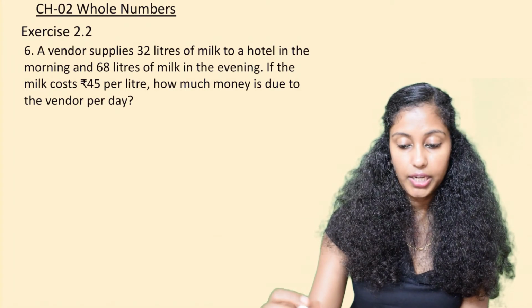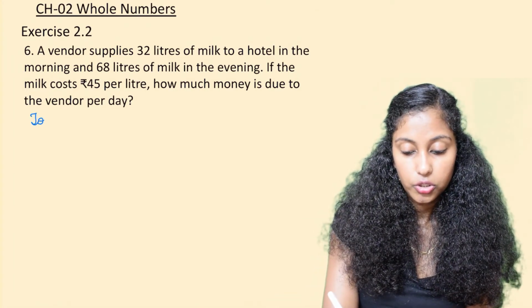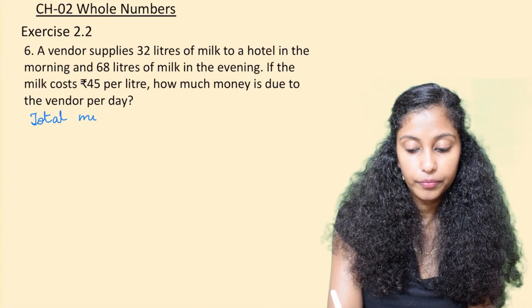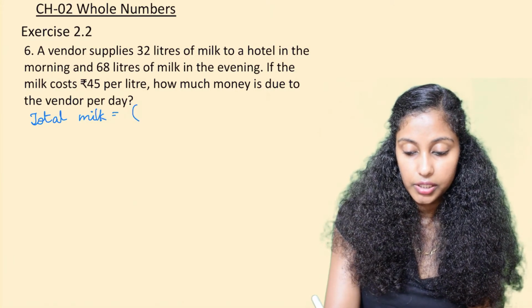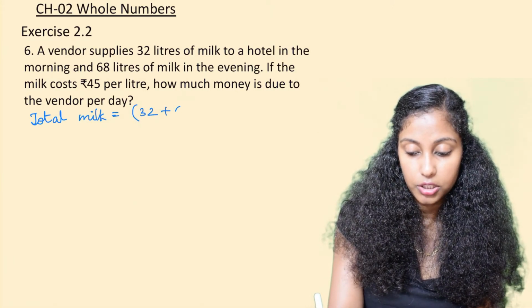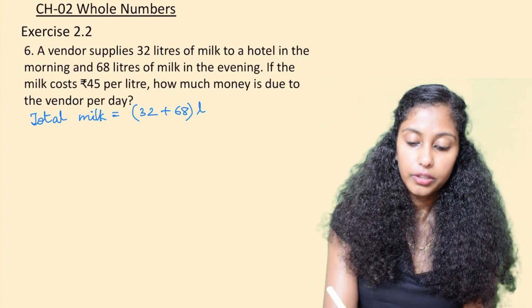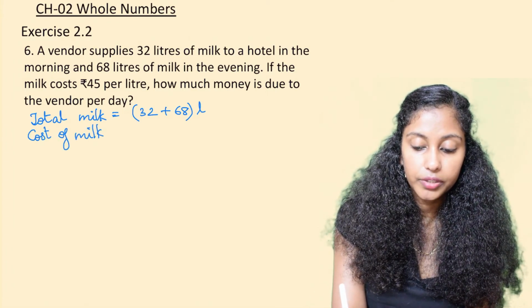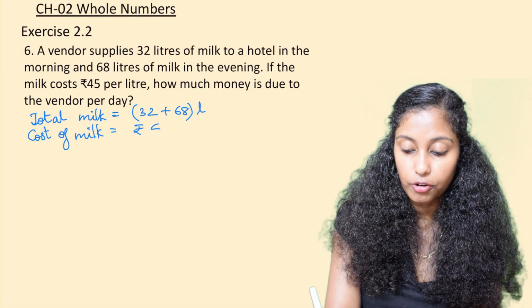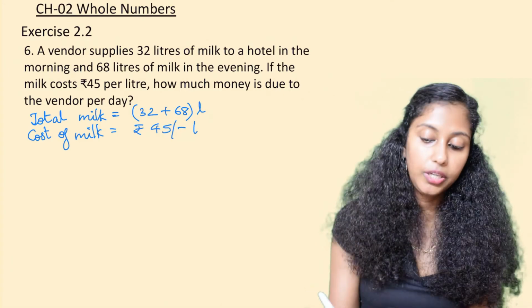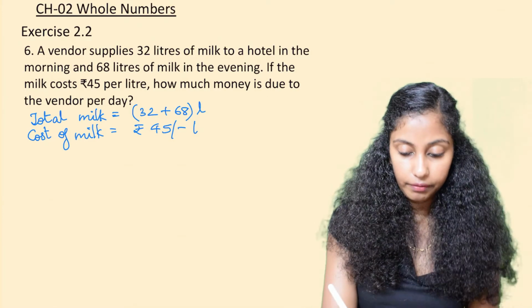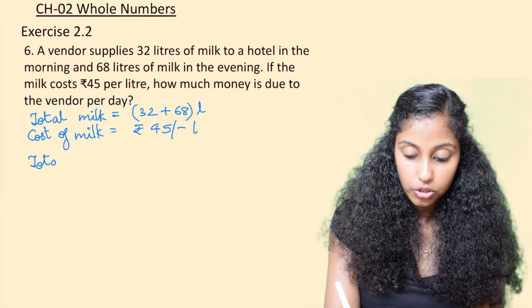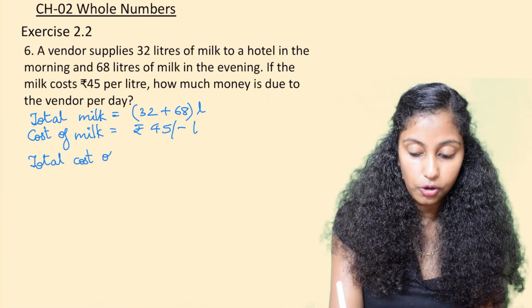So here we write very firstly total milk. We put inside bracket 32 plus 68 liters. Then we write cost of milk is equal to rupees 45 per liter. Then we write total cost of milk.